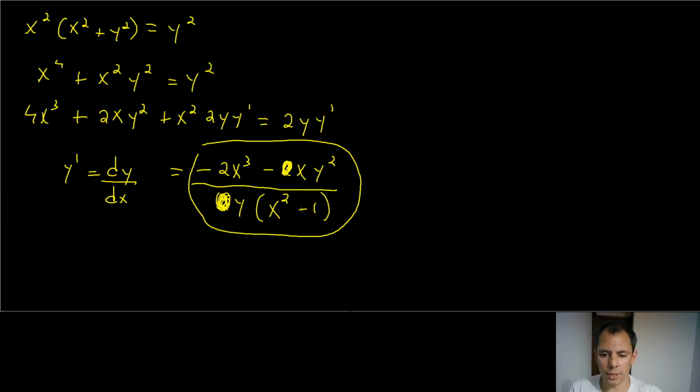The book is inverting this, putting 1 minus x squared, but it's also inverting over here. Then this becomes a positive, because you see, you can do this. You can do equals 2x cubed, factoring out the x, and then you can do a plus y squared here, and then divided by y.